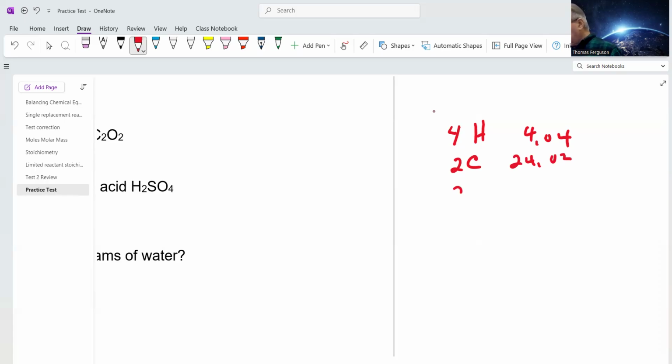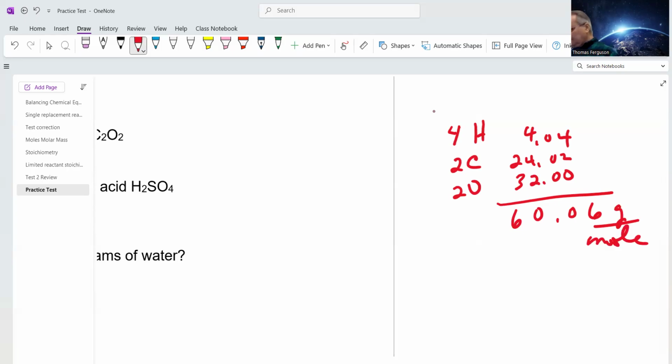And we have two oxygens, those are 16.00 apiece. Okay, so that's vinegar.